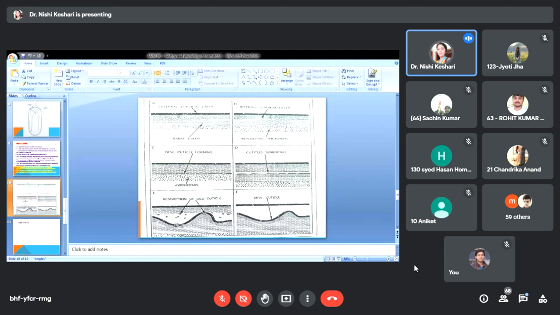Then this is the new cuticle wall. Again you can see here the cuticle is separating. This is the old cuticle and this is the new cuticle. After thickening, the old cuticle starts separating from the new one.